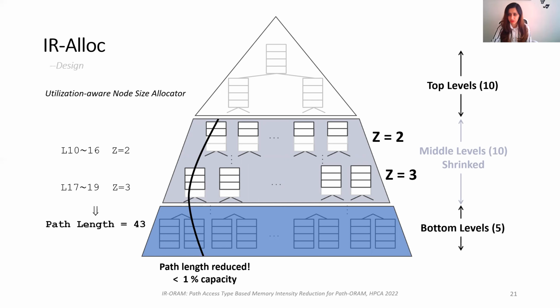Considering this configuration, for level 10 to 16, Z2, and for level 17 to level 19, Z3, the path length is reduced from 60 to 43.